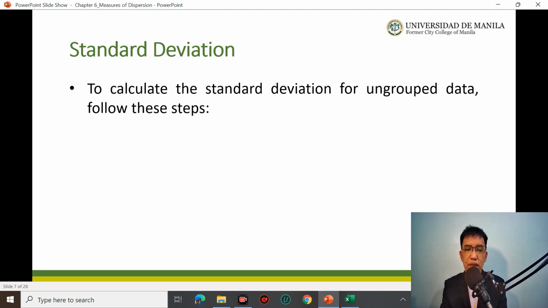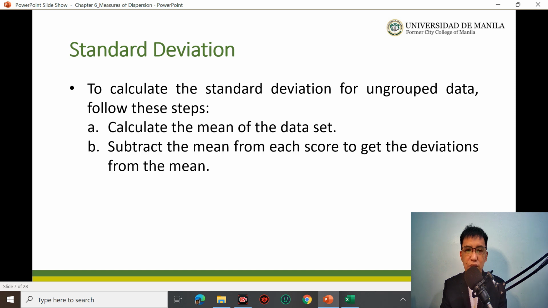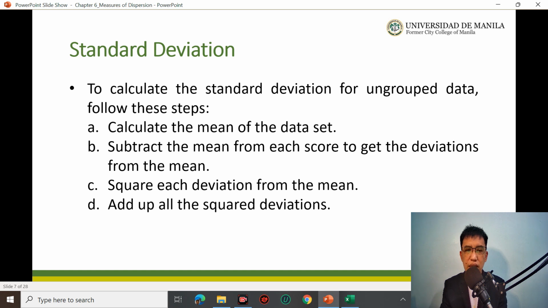Okay, and to calculate the standard deviation for ungrouped data, we follow these steps. First is to calculate the mean of the data set. Second, we subtract the mean from each score to get the deviations from the mean. Square each deviation from the mean and add up all the squared deviations.